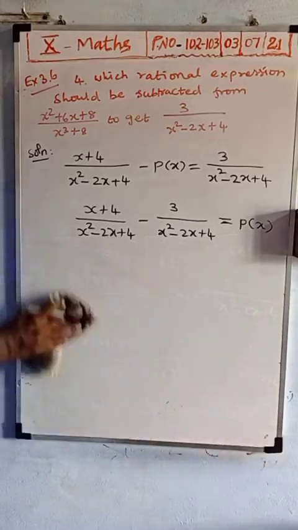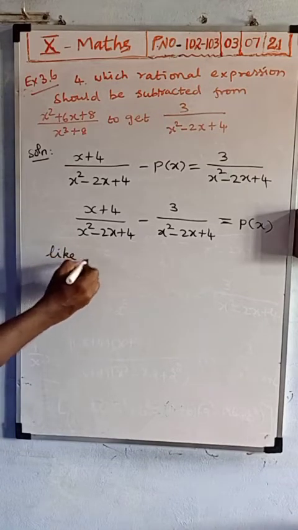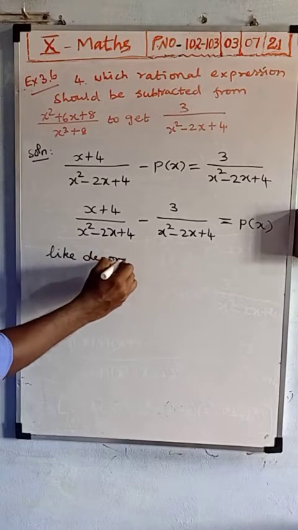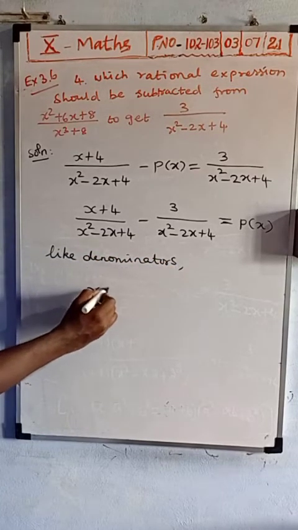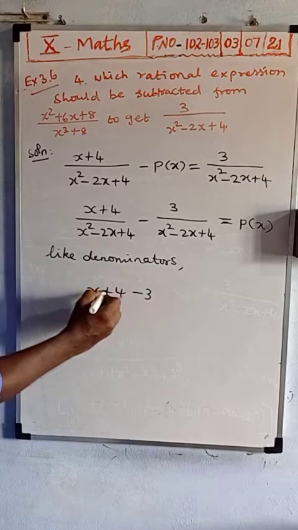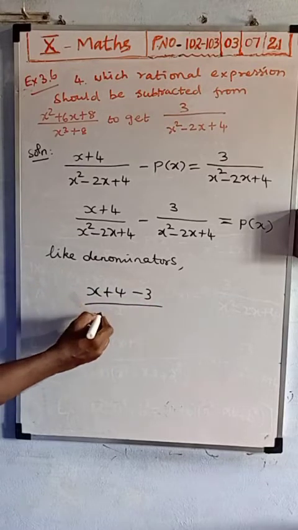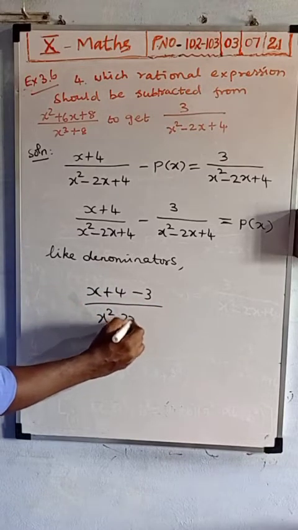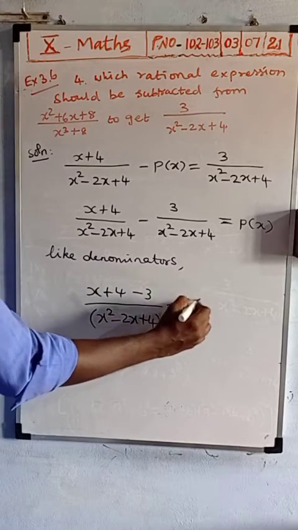Therefore you see here, it is like denominators. So the numerator as it is you should separate. So x plus 4 minus 3 whole divided by the denominator, write it a single time. So x square minus 2x plus 4 is equal to p of x.